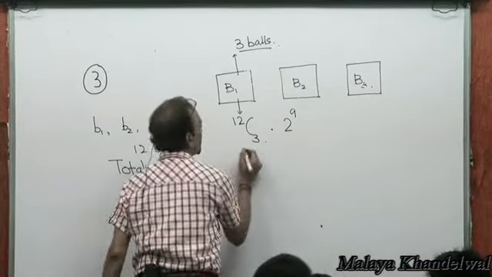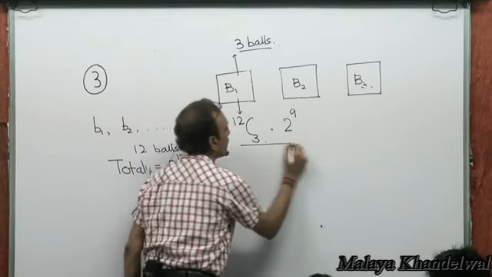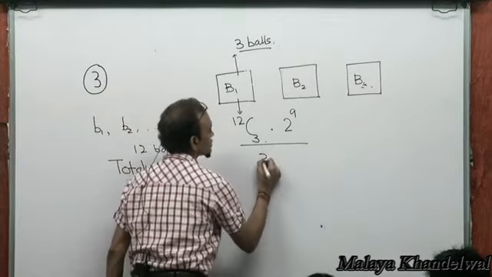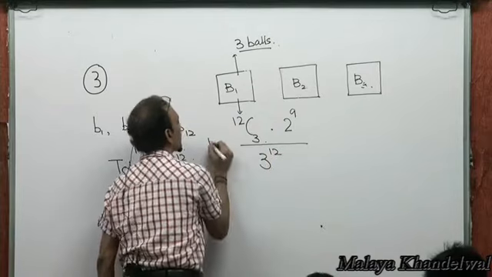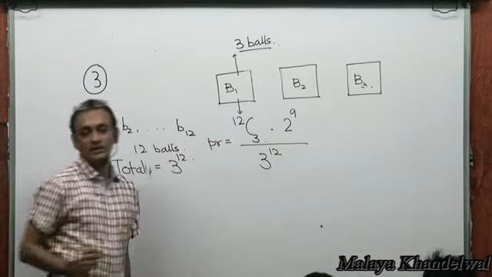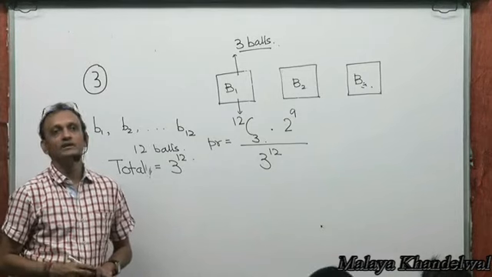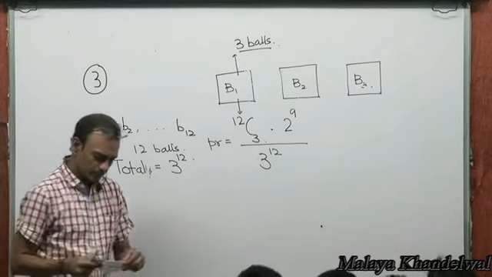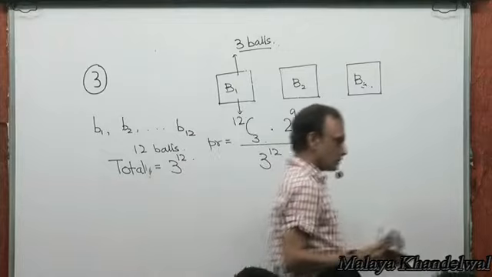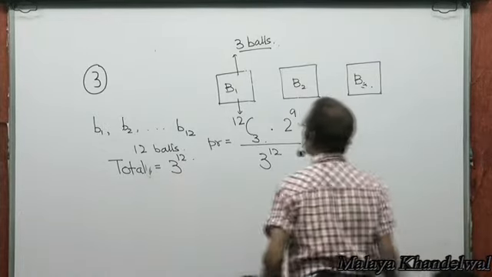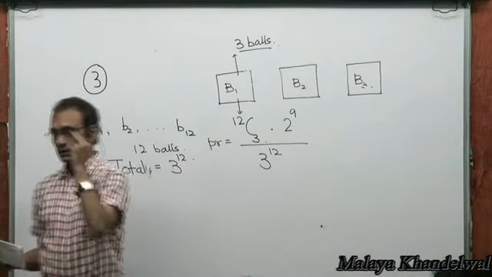Then the required probability would be the favorable ways divided by the total number of ways, which is 3 to the power 12.